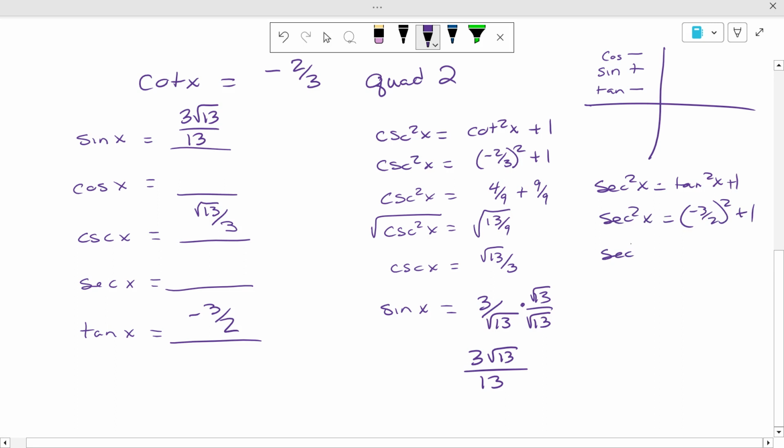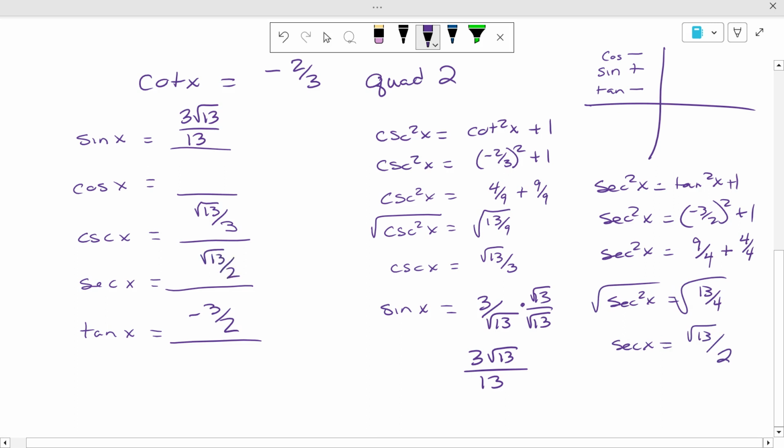What's -3/2 squared? -3 times -3 is 9. 2 times 2 is 4, plus 1 is 4 over 4. So secant squared of x equals 13/4. If I take the square root of each side, secant of x equals the square root of 13 over 2.